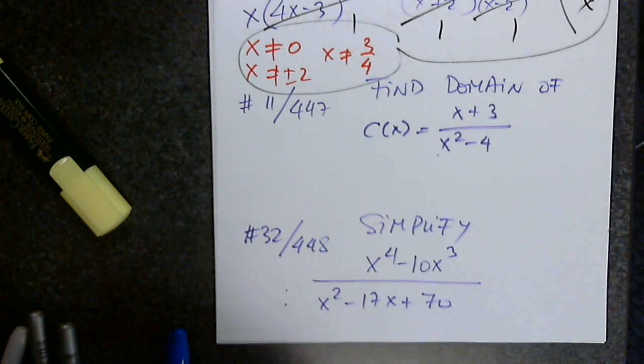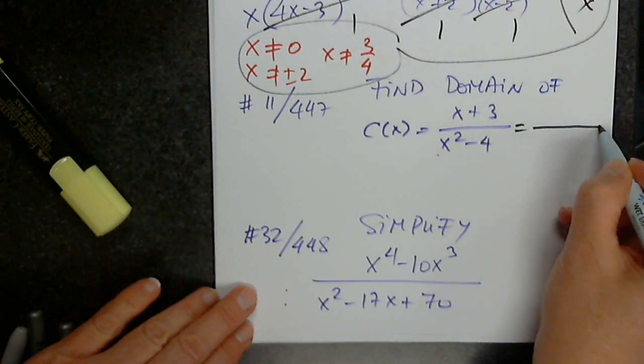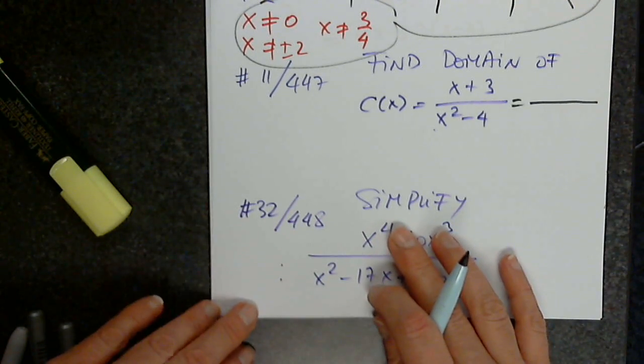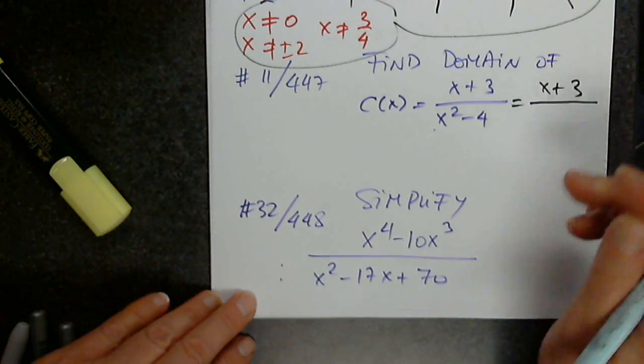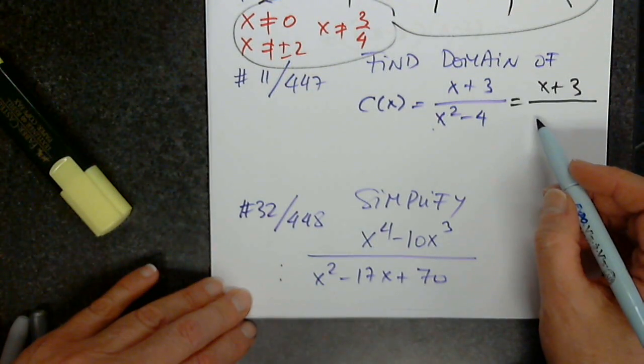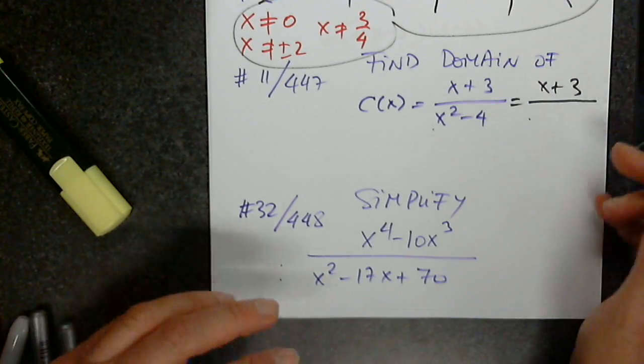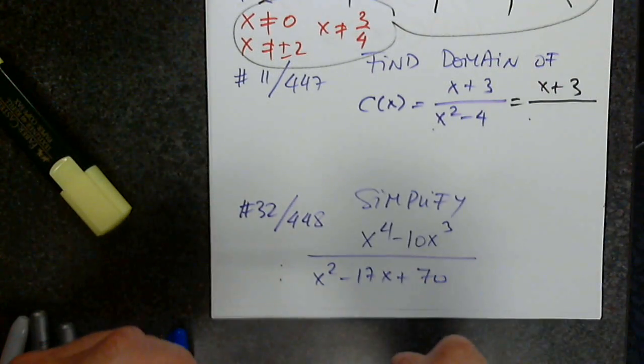Find the domain of this function, please. What do I have to do immediately before I state the domain? Factor the bottom. Good. How do I do that? Square root? Square root is only in an equation.